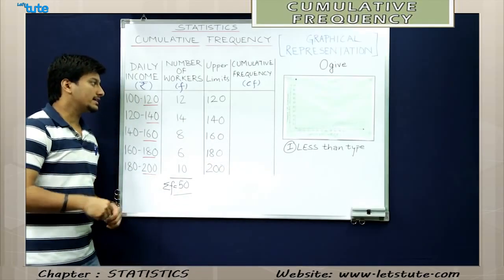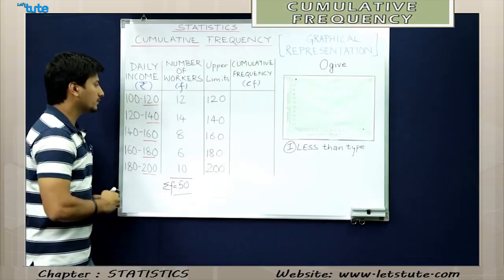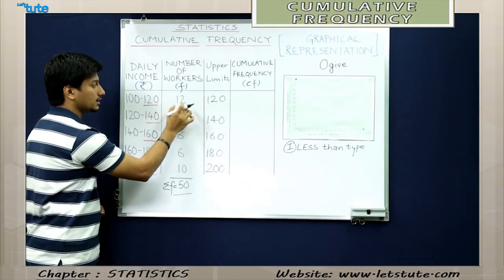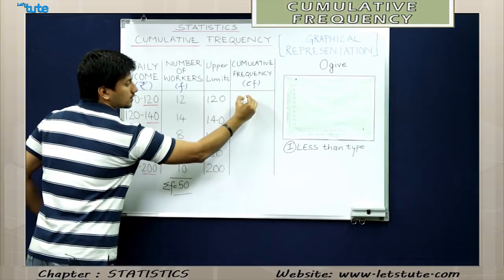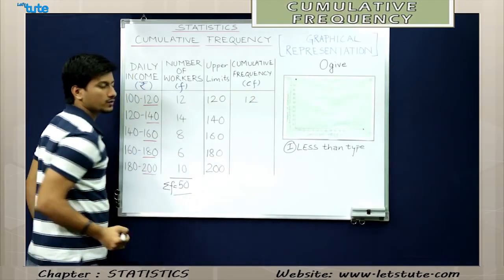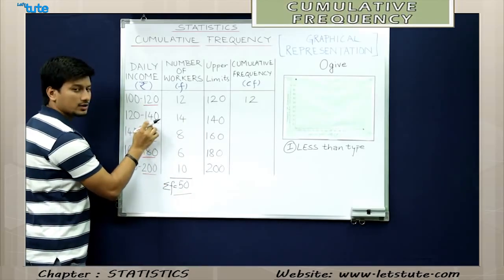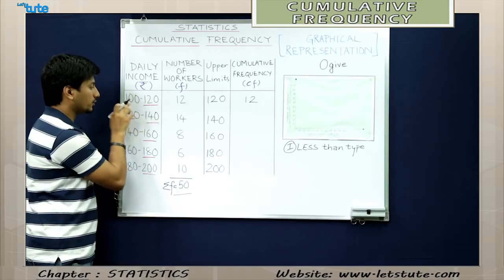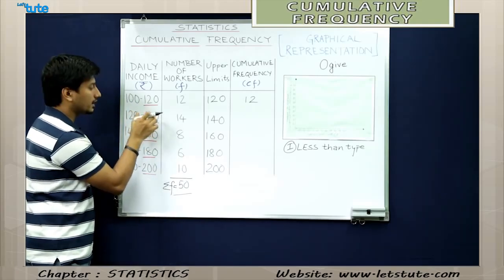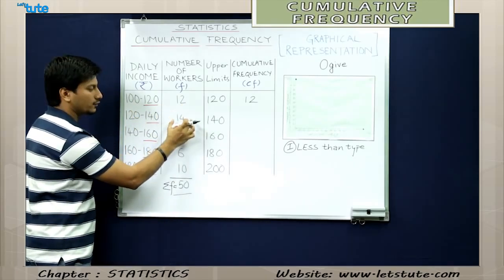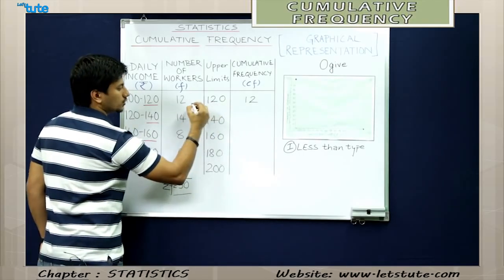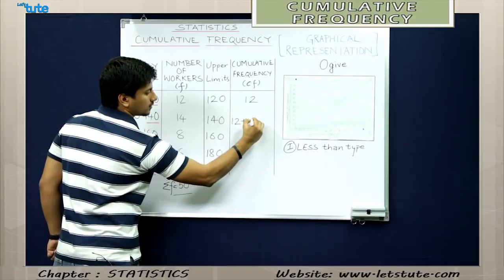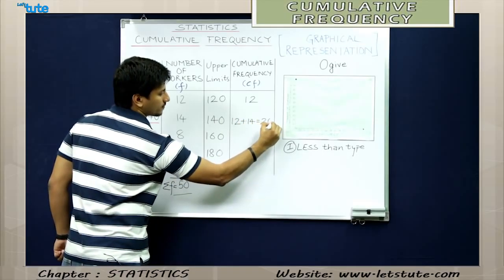Now let's start with the cumulative frequency. We know that the frequency till 120 is 12. So the cumulative frequency for the first group is 12. Now if we want to calculate the cumulative frequency till 140, we will add the frequencies from 100 to 140. That means the frequency of the first group and the frequency of the second group. So 12 will be added with 14, which will give us 26.